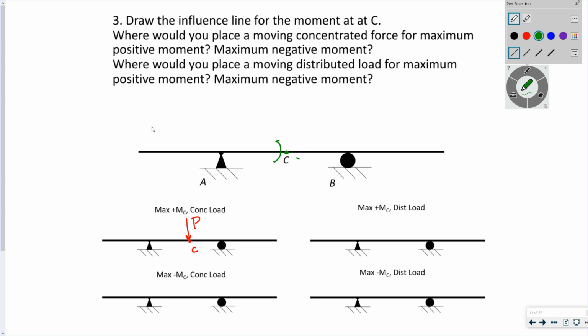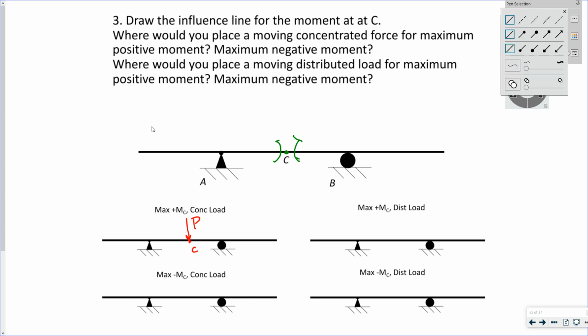I forgot about my supports. I was thinking of a simply supported beam and not one with overhangs. Right. Be like that. Or like that. Pretend this is 0 right there.